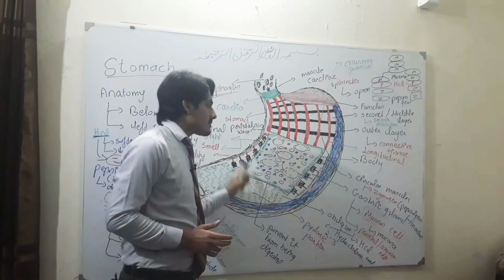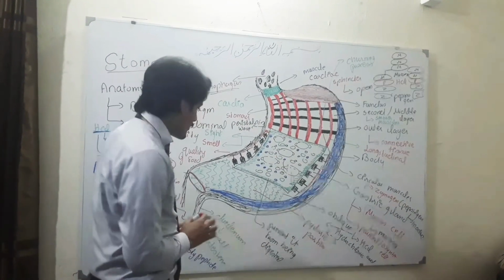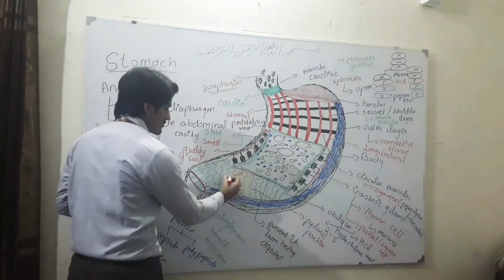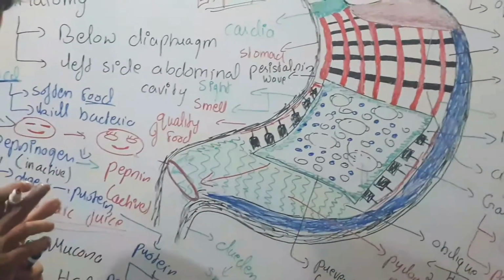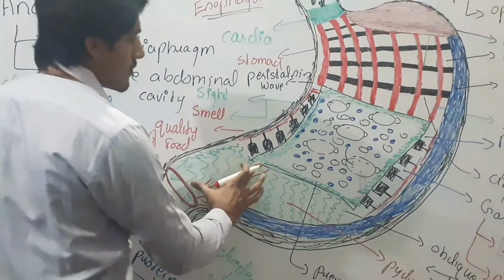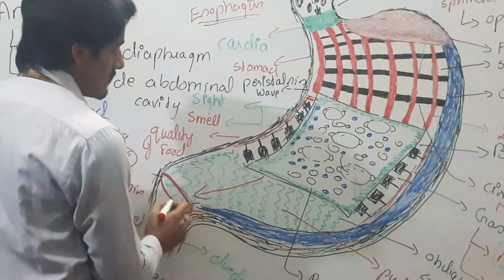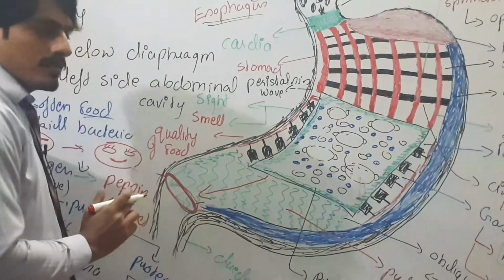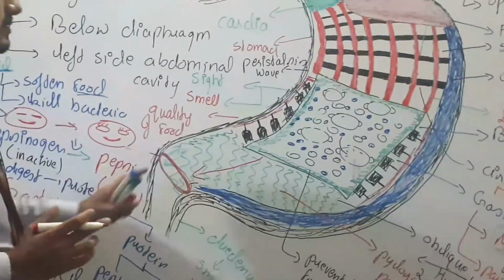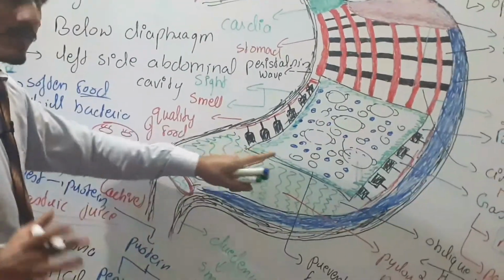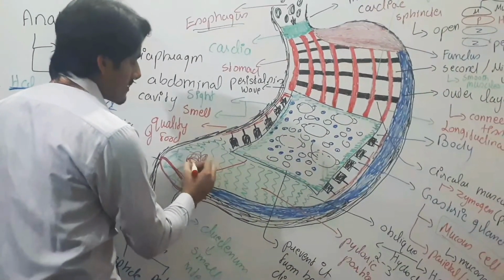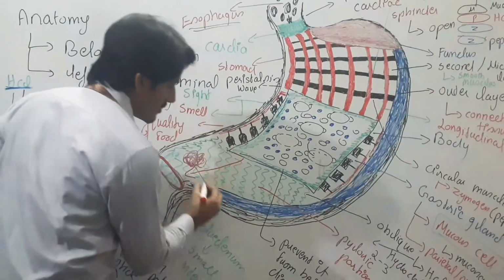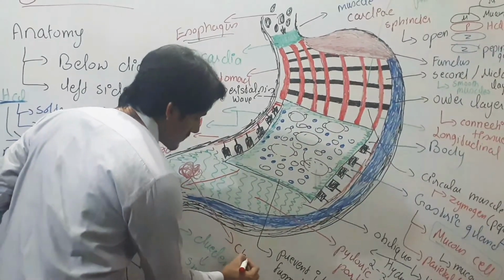Okay, this is the churning process. After semi-digestion, the final product reaches the pyloric portion. This pyloric portion has a sphincter which is called the pyloric sphincter. The final food particle after semi-digestion is called chyme.